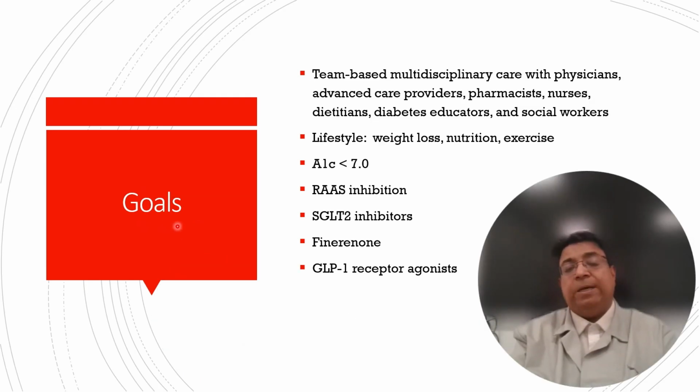So, of course, the goal in diabetic nephropathy is number one, to achieve diabetes control, which is to have an A1C of less than 7, and then to prevent adverse outcomes of diabetic nephropathy, such as end-stage renal disease, progression of diabetic kidney disease, and sequelae of the chronic kidney disease process, such as anemia, bone mineral metabolism, and proteinuria.